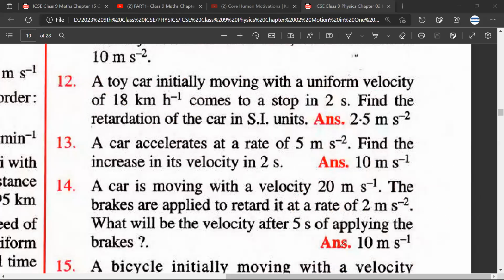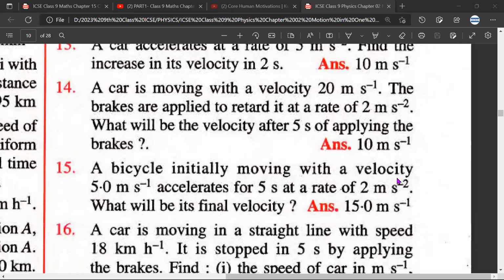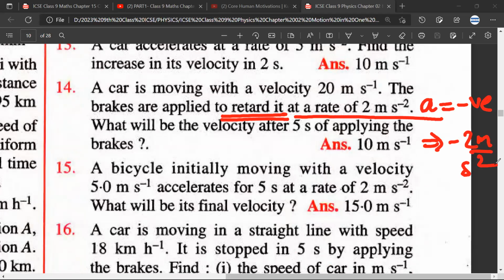Okay. So next, question 14th. A car is moving with a velocity of 20 meter per second. Brakes are applied to retard it at the rate of 2 meter per second square. So this would be acceleration, and because it is retarding, this acceleration would be taken as negative. So acceleration would be minus 2 meter per second square. Avantika, any doubt?